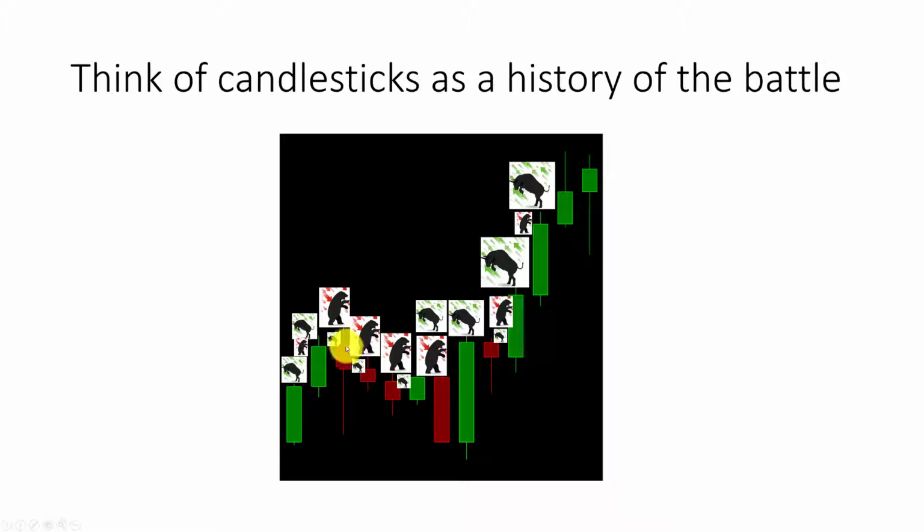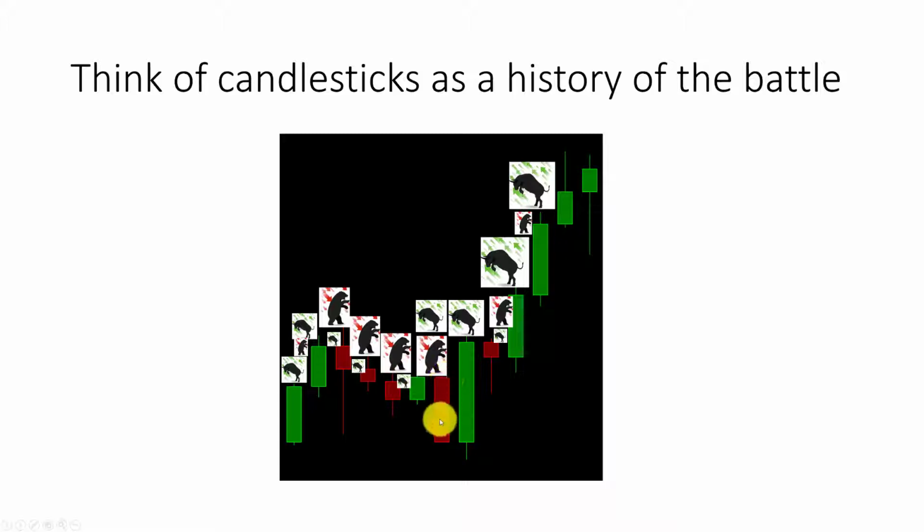You can see, like this one right here, how the bears had all this power to drive it down, and the bulls just didn't have the power to bring it back above this previous high. So the market rolls over and you get this area where the bulls and the bears are kind of even, because it's going back and forth.